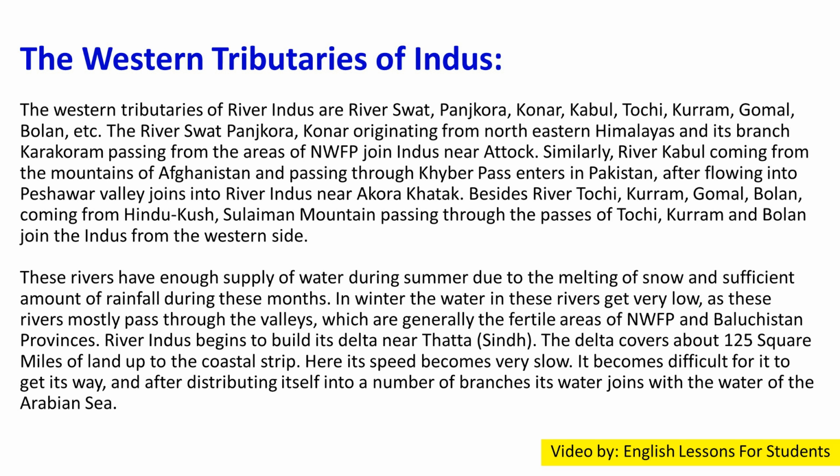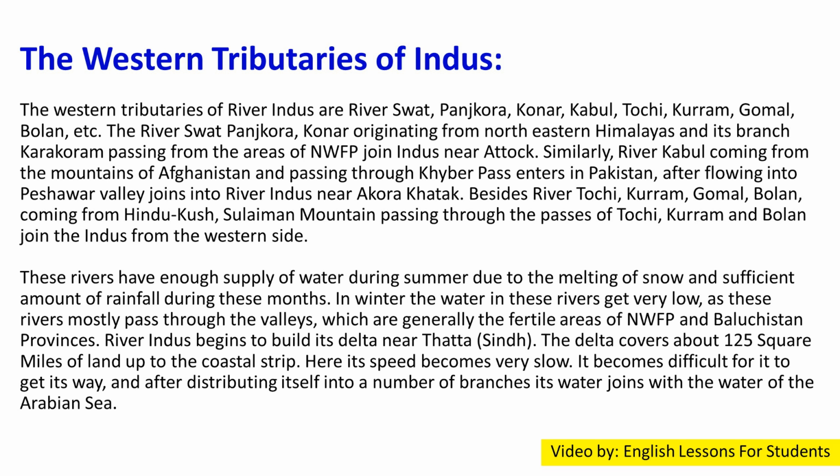Similarly, River Kabul coming from the mountains of Afghanistan and passing through Khyber Pass enters in Pakistan. After flowing into Peshawar Valley, joins into River Indus near Akora Khattak. Besides, River Tochi, Kurram, Gomal, Bolan coming from Hindu Kush, Suleiman mountain passing through the passes of Tochi, Kurram and Bolan join the Indus from the western side.